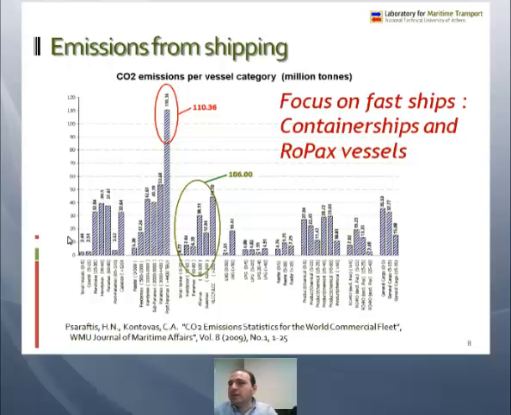They are designed to sail at higher speeds, but there aren't that many of them. That's why the CO2 amount from RoPax vessels is not that huge. But as I told you, this thing with container ships is a reality, and that's why we've seen so many container vessels slow steaming.